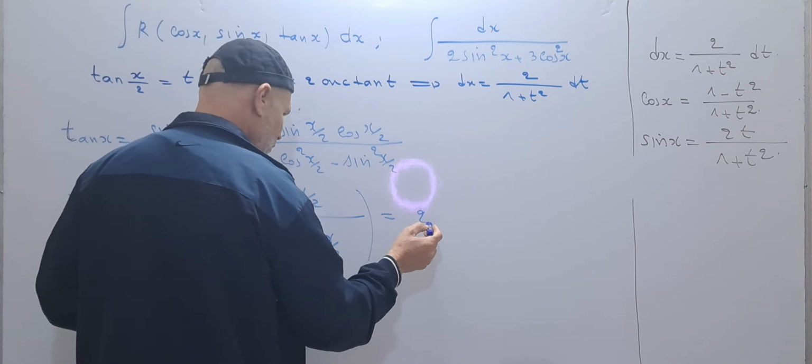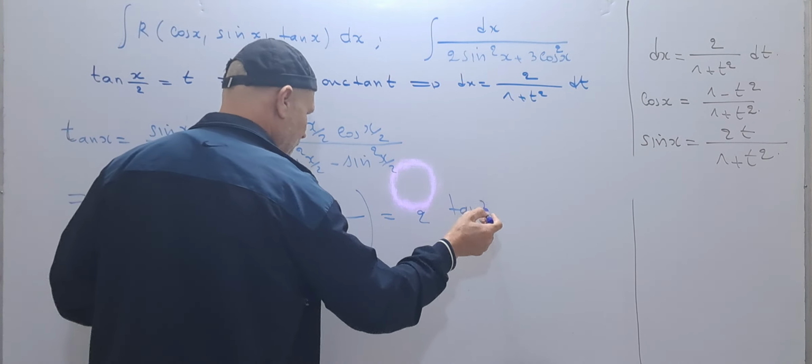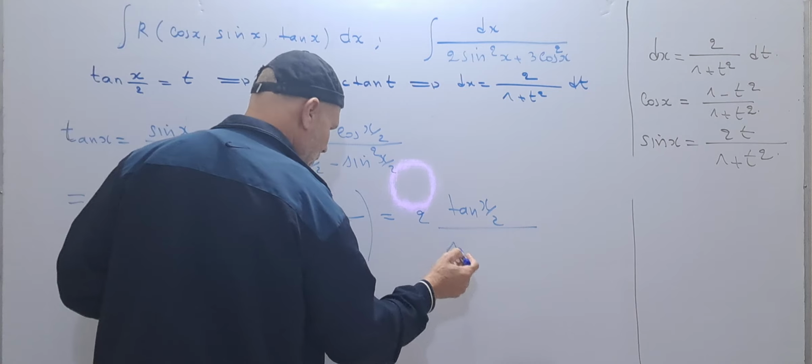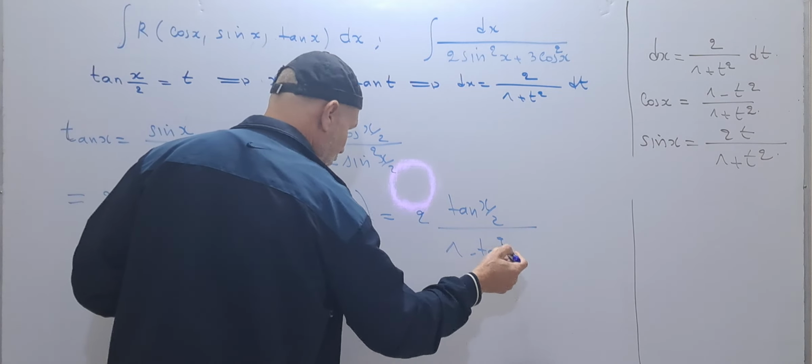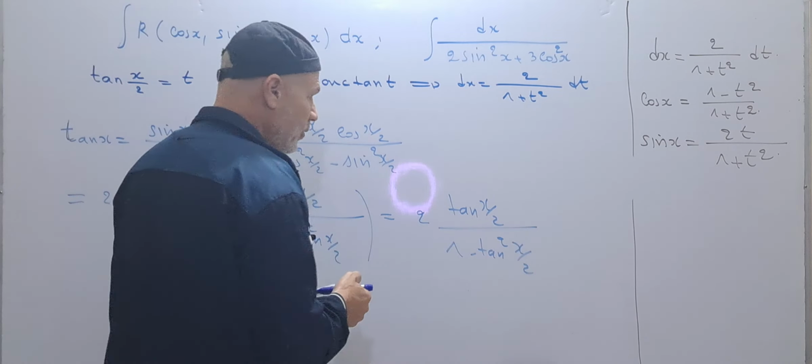It gives us 2 tangent x over 2 over 1 minus tangent squared x over 2.